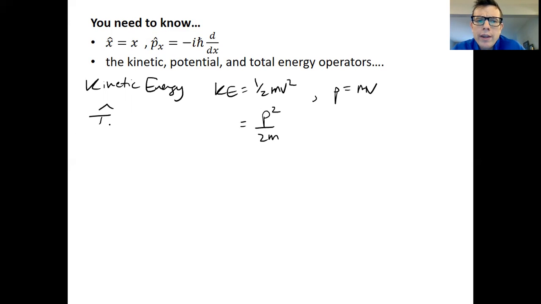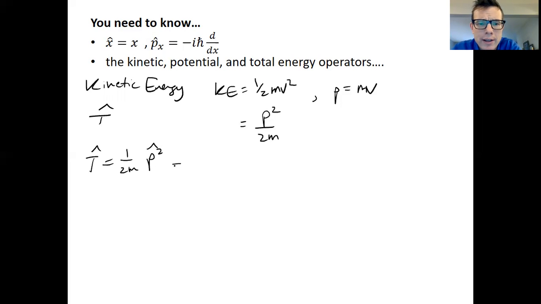We often call the kinetic energy operator T hat. The idea is that you're associating it with kinetic energy, right? With temperature, sorry. T hat would be 1/2m times p squared hat.